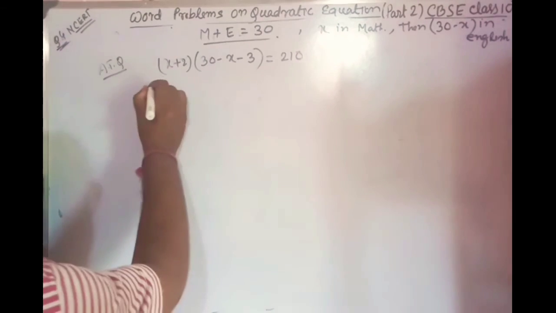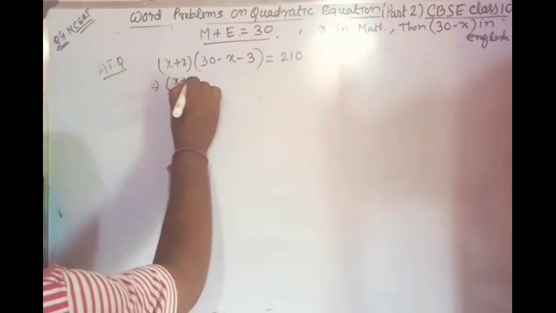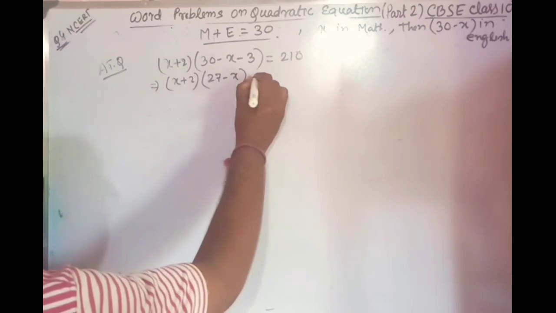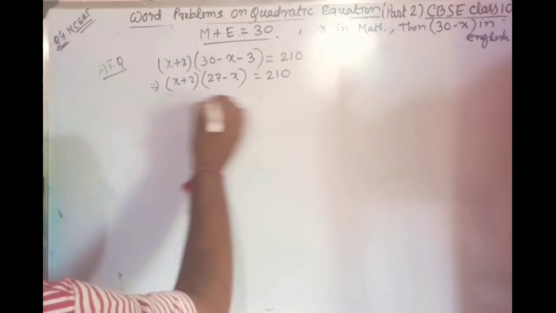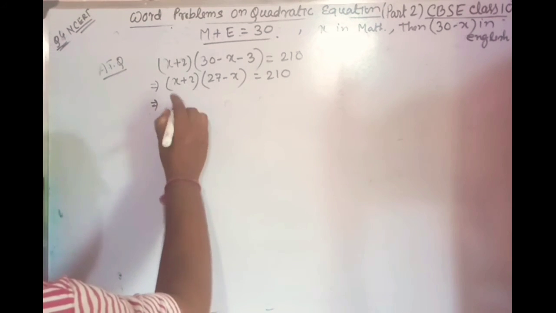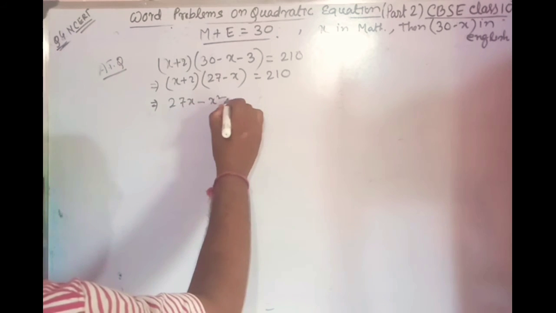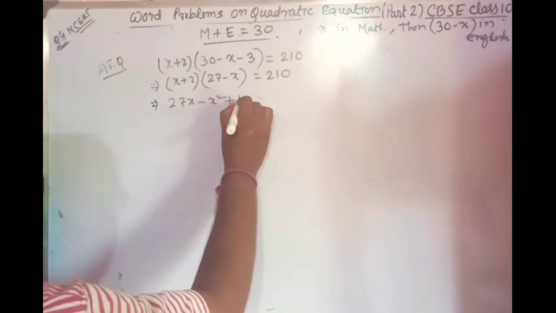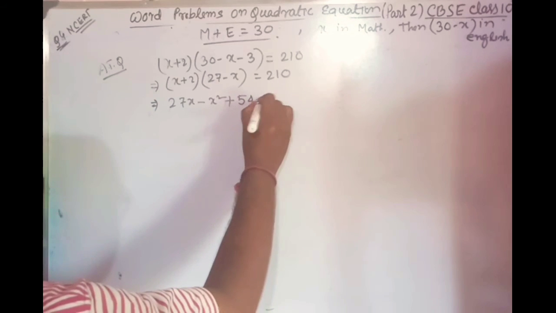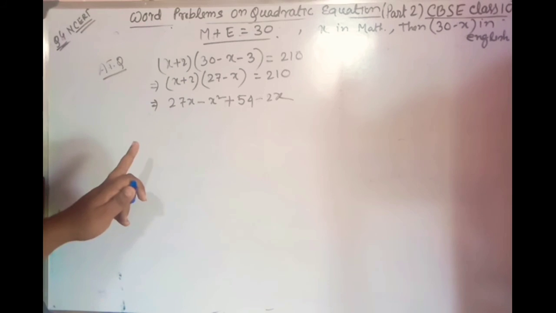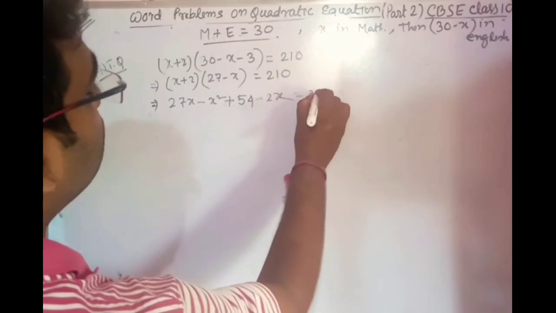So this is my quadratic equation. x plus 2 into 27 minus x equals 210. Now if we multiply it, 27x minus x square plus 54 minus 2x equals 210.